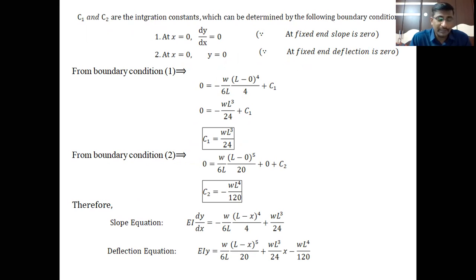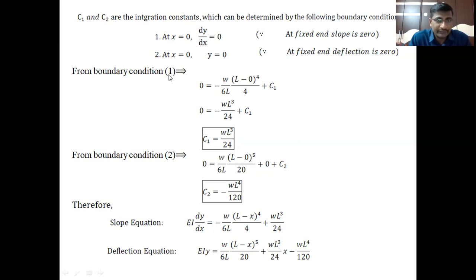For a cantilever beam, at the fixed end, the slope and deflection are 0. So at x is equal to 0, that means at the fixed end, slope is 0. At x is equal to 0, deflection is also 0. So both slope and deflection are 0 at the fixed end. X is equal to 0 means the fixed end.